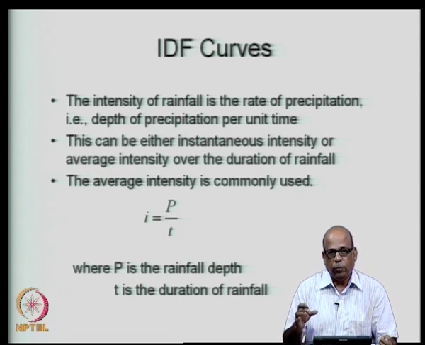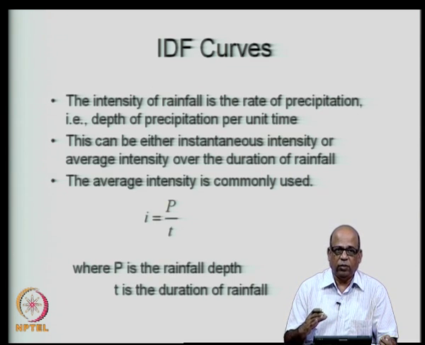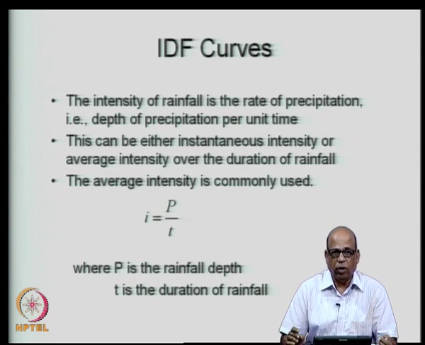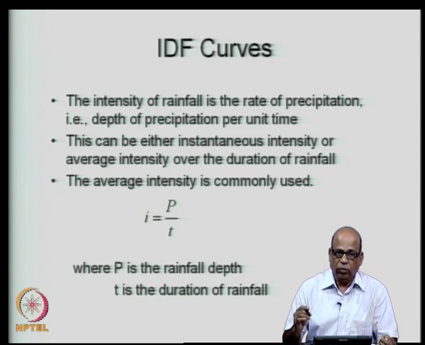But when we come to urban drainage or urban hydrologic designs, the durations can be very small. For example, we may talk about 15-minute duration rainfall, half an hour duration rainfall and so on. Why is this so? Because the urban drainage has to address issues related with faster runoff.